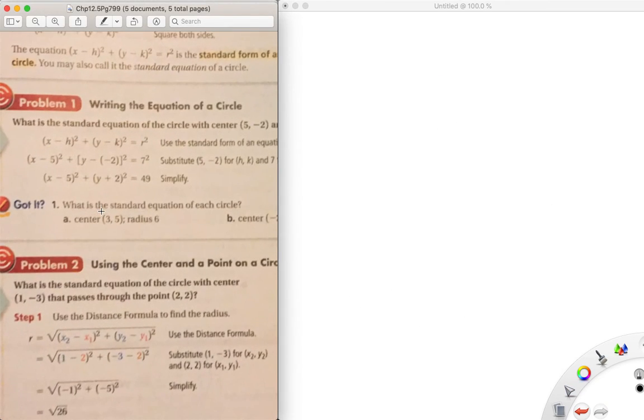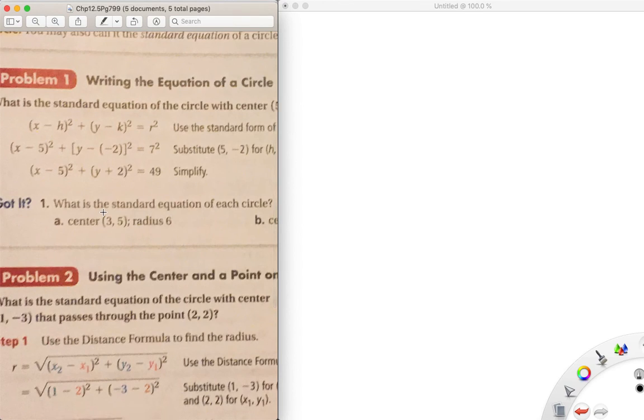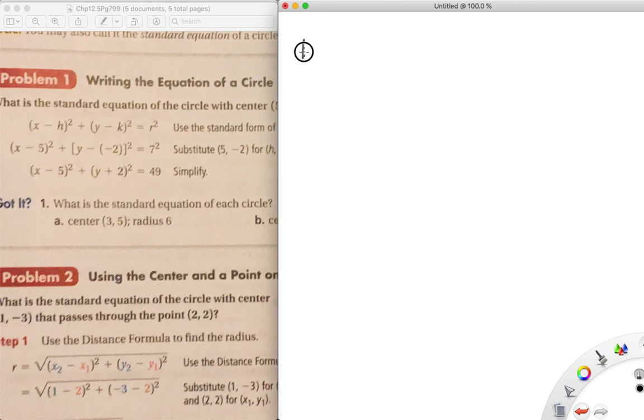For 1a, they want you to write the standard equation of a circle where you have a radius of 6 and a center of 3, 5. So we're putting into our equation x minus h squared plus y minus k squared. We have a center of 3 and 5, so we replace h with 3 and k with 5, and we replace r with 6.